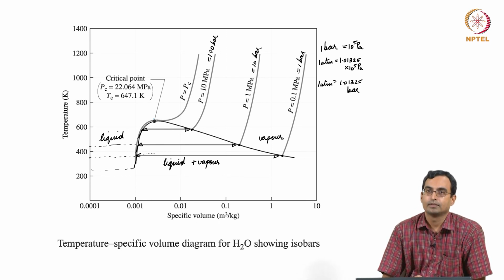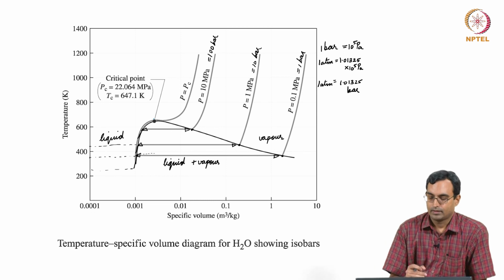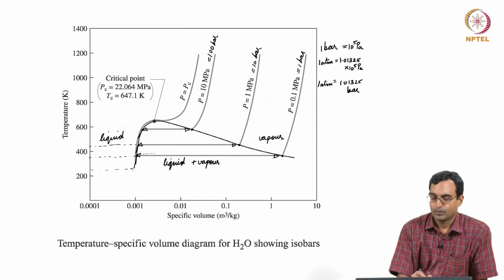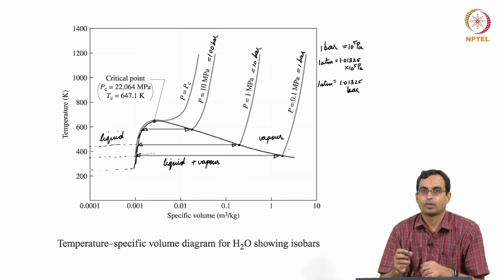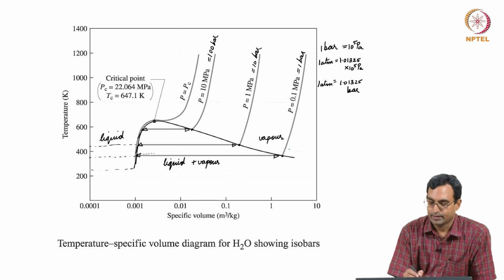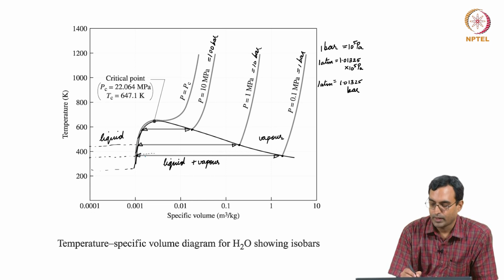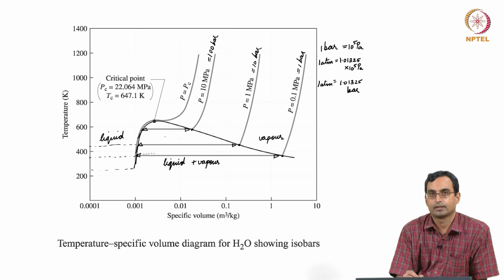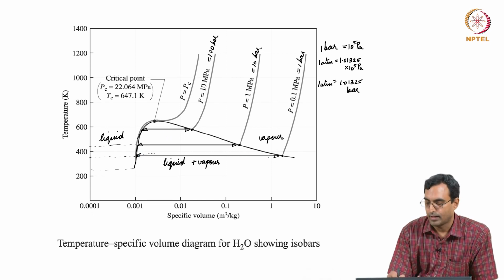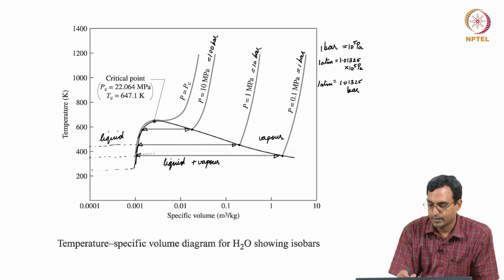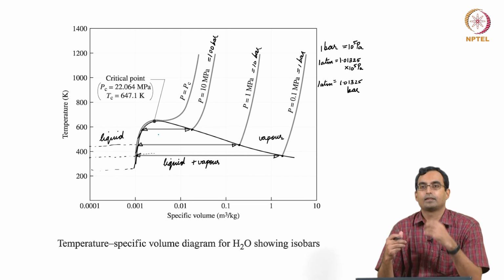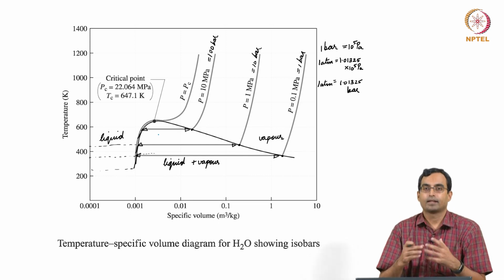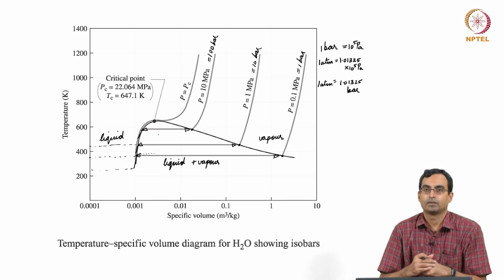That is one thing. The second thing is, since in this process we are giving energy to go from this specific volume to this specific volume, and that energy is what we call the latent heat, we see that the latent heat of evaporation varies as we go to higher pressures. At a low pressure this latent heat is large, at a higher pressure this latent heat is smaller, over here it is even smaller, and as we extrapolate this, when we get to the critical point, the latent heat becomes 0.